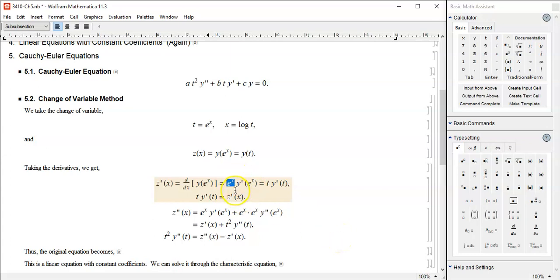So what do we get? e to the x power times y prime of e to the x. And e to the x is equal to t. So in the end, z prime is equal to t y prime of t. And here is the first substitution to make.